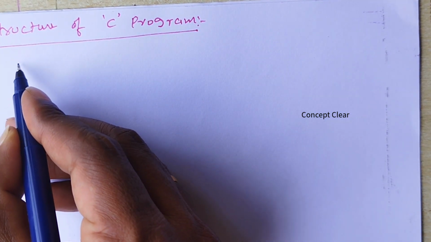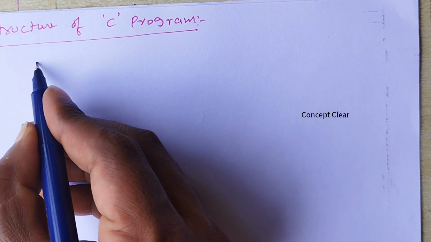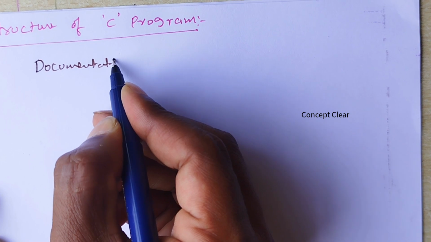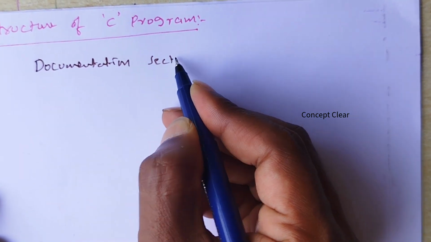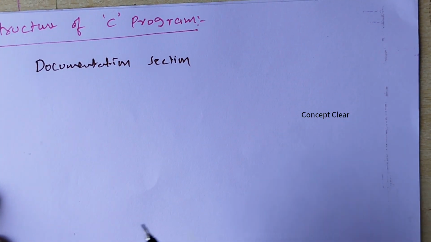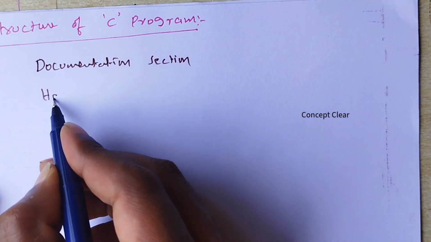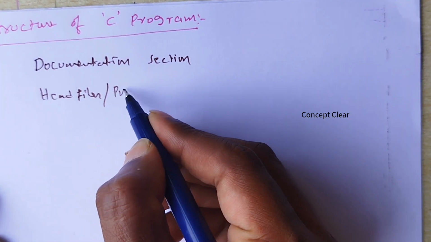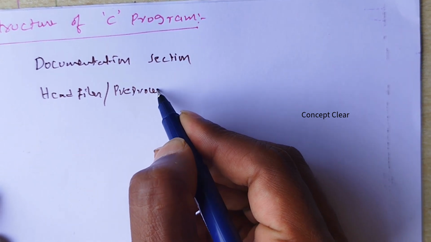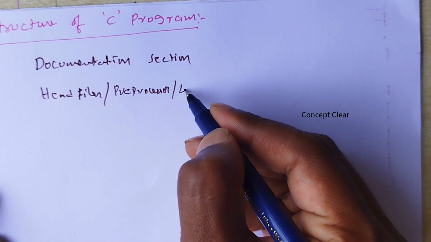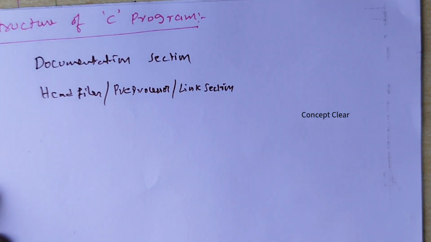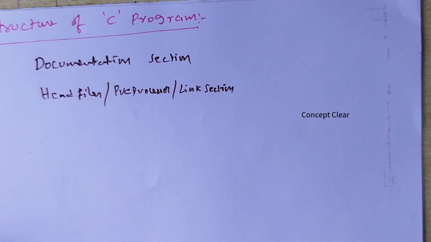First I will explain the structure of the C program. The first section is the documentation section, which I will explain next. Next is header files, which we also call the preprocessor or link section. It is the linking between the program and header files, and header files are nothing but input output files.